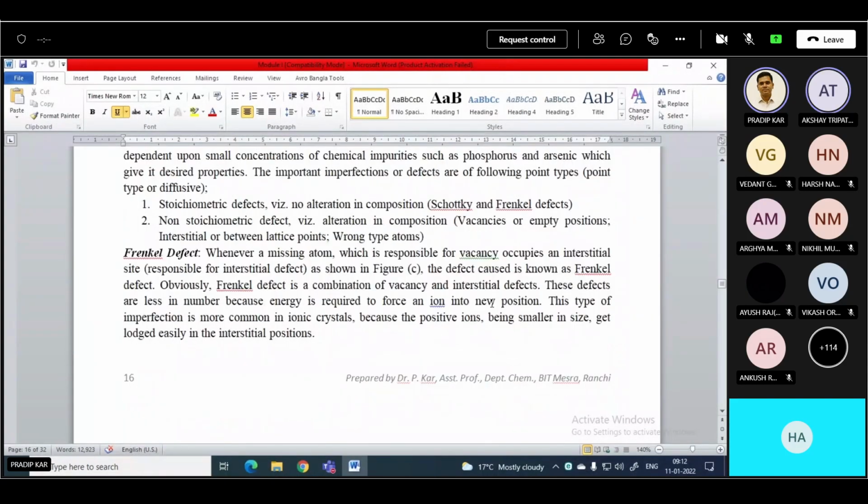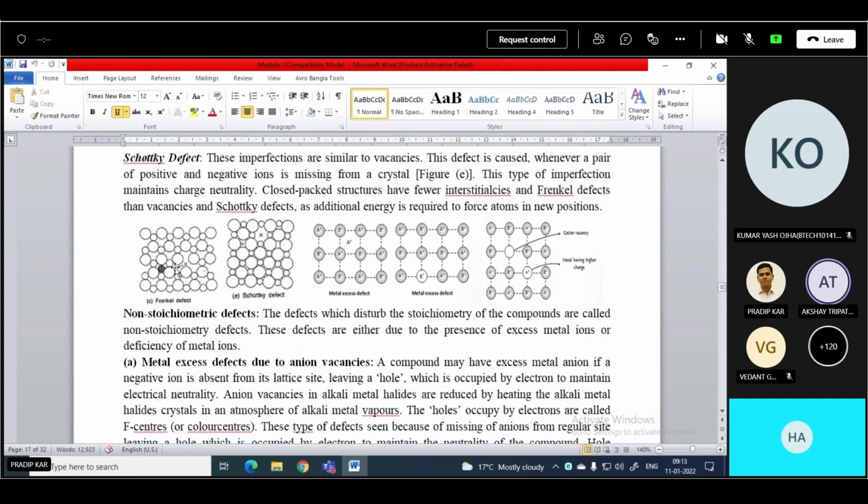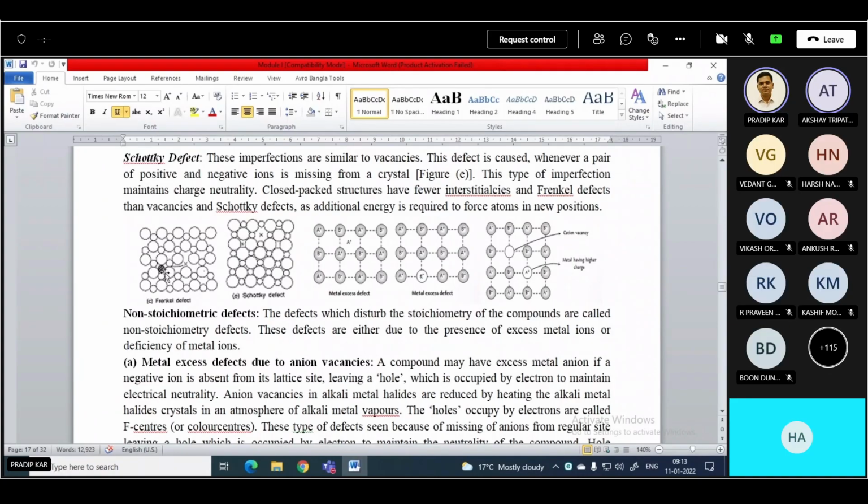If we show it in the figure, you can see that the actual position of this ion is where the cross is present. The ion is not present at that position, rather it has moved from here to this position. This is not extra, it has only come from its original position to a new interstitial position in the crystal.